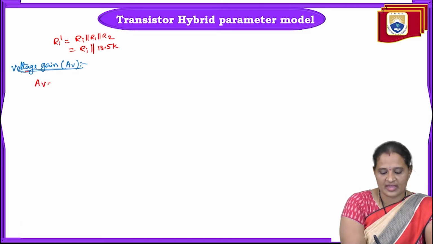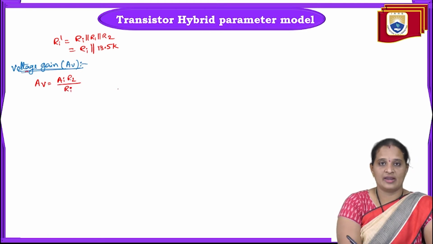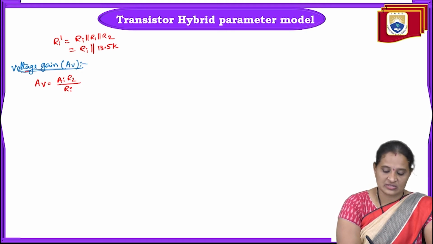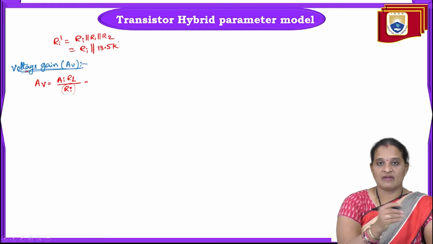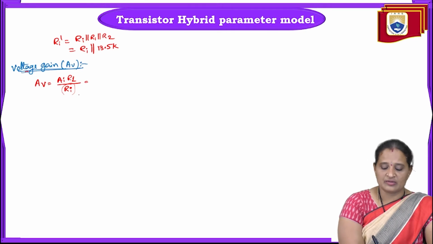So the formula for AV is AI into RL divided by Ri. So this is the voltage gain of the transistor. So that is why we need to consider only Ri. AI value we don't know. RL value is 4.7 kilo ohms. Substitute, and Ri value we also don't know. Just calculate it and substitute it. Using this formula, we can calculate the value of AV.